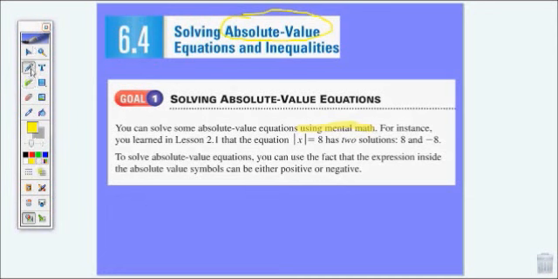This helps us understand some of the rules for this. So for instance, back in lesson 2.1, that was quite a while ago, chapter 2, the equation absolute value of x equals 8, remember the bars here mean absolute value.